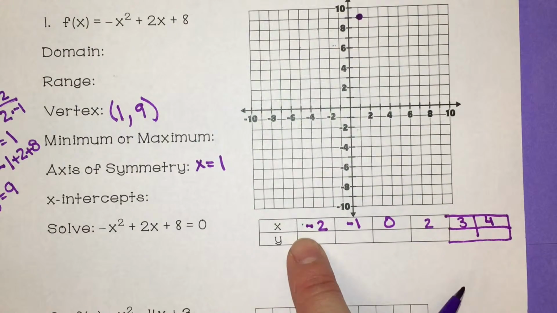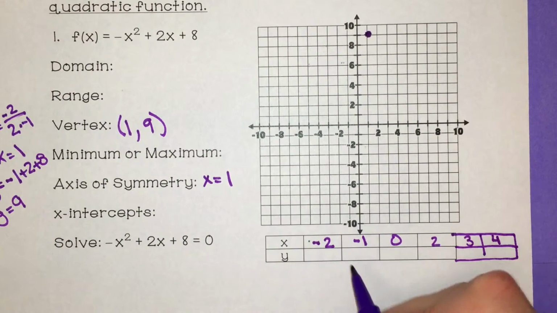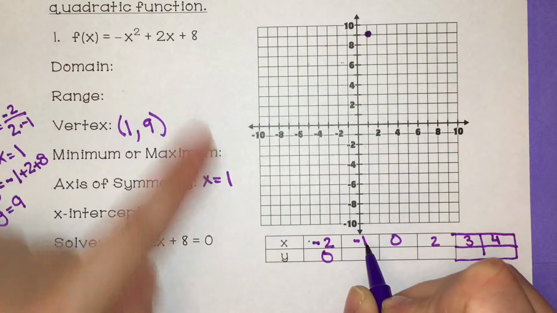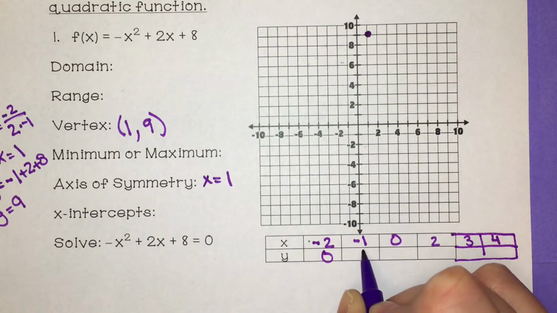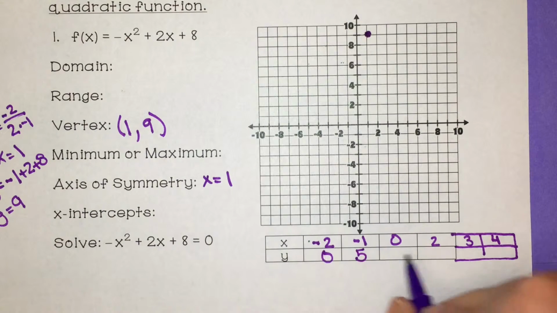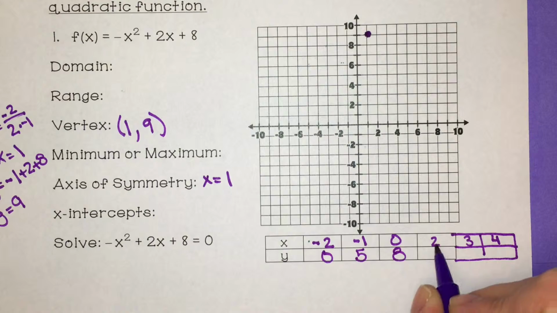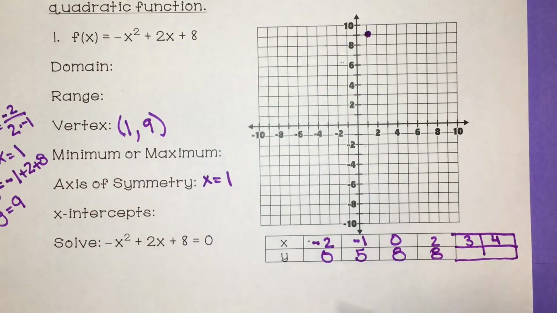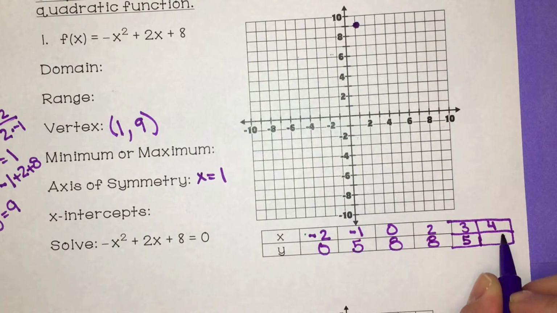When I plug -2 in for x, I get 0 out for y. When I plug -1 into my function, I get 5. When I plug in 0, it's 8. When I plug in 2, I also got 8. Plug in 3 for x, you get 5. Plug in 4 for x, and you get 0.